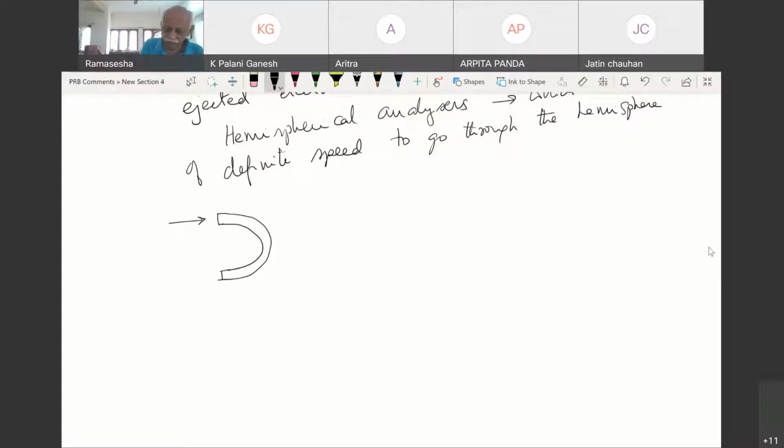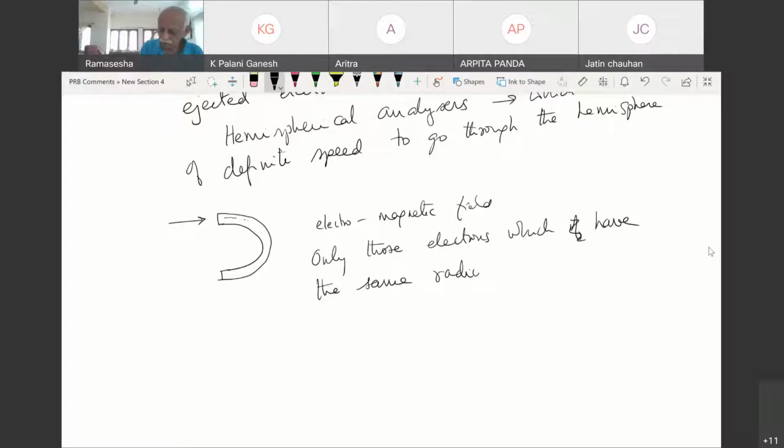Then you have a magnetic field. The electrons, okay, and only those electrons which have the same radius as the analyzer.